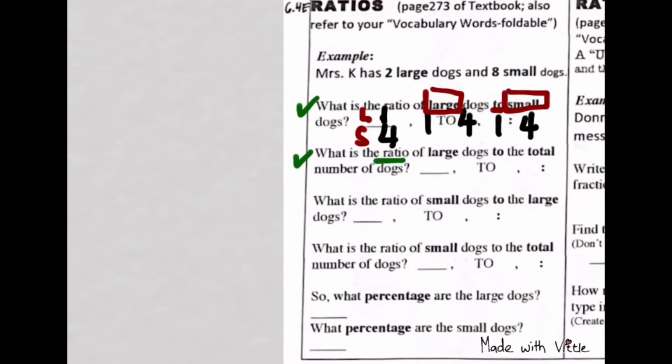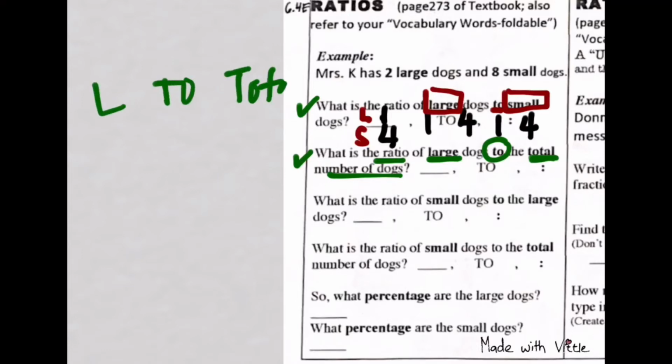What is the ratio of large dogs to the total number of dogs? So now we're going to compare part of all the dogs to the total number of dogs that we have. So that's going to be large to the total number of dogs. That means you're comparing part to whole.